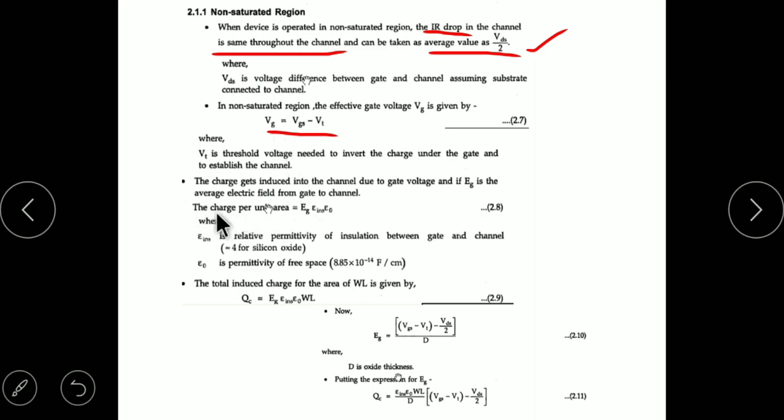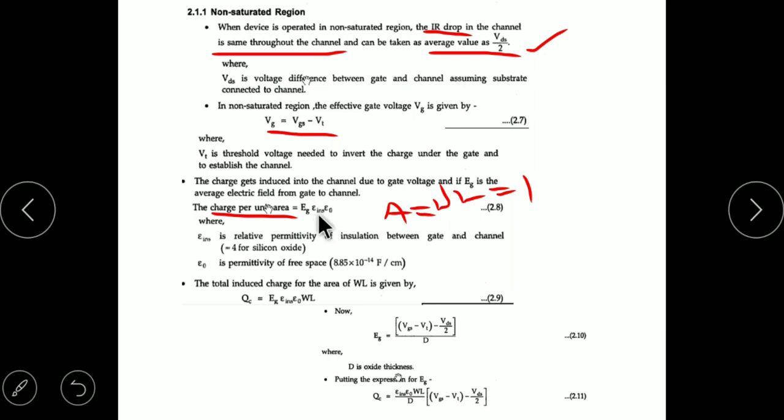And the charge per unit area is considered for unit area. Here the area A is the channel area, where the channel length is L and the channel width is W. So area A is equal to W into L. In this case, the charge per unit area is equal to Eg, the average electric field, into epsilon insulator and epsilon naught.